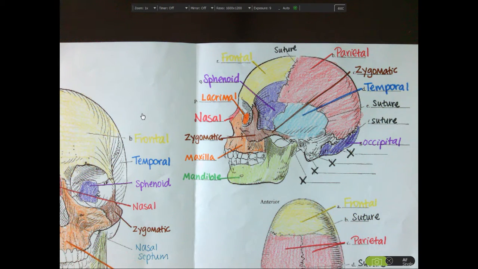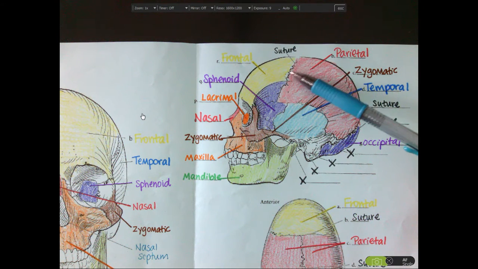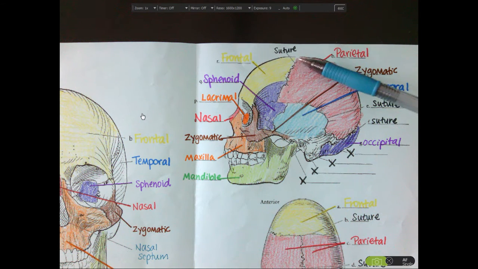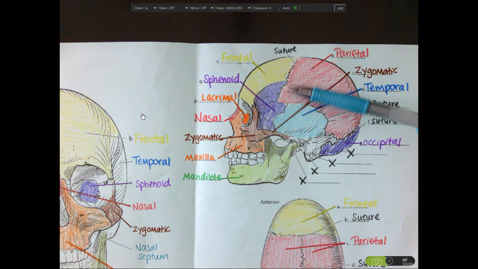There's two things we're going to add here though. Okay, first thing is notice that I labeled some sutures. These squiggly lines right here, right here, right here, those are areas where these different plates of the skull have fused together. Sutures are areas where they are joined, where they weren't joined before, like when we were newborns.